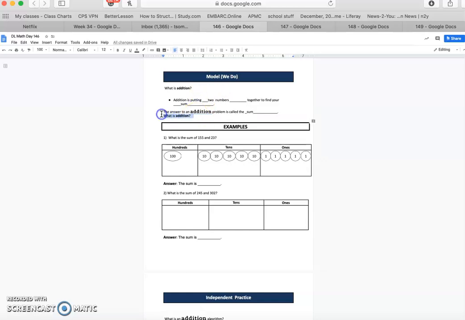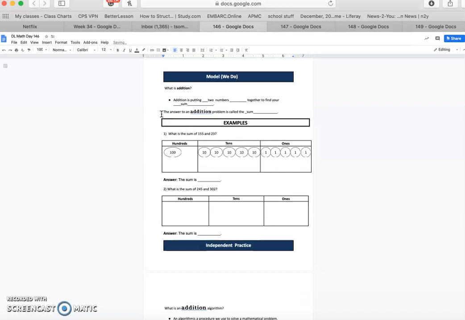All right, here are some examples. What is the sum of 155 plus 23? So we have 155. They want us to add 23.